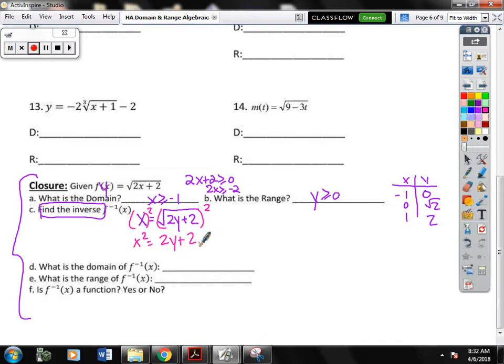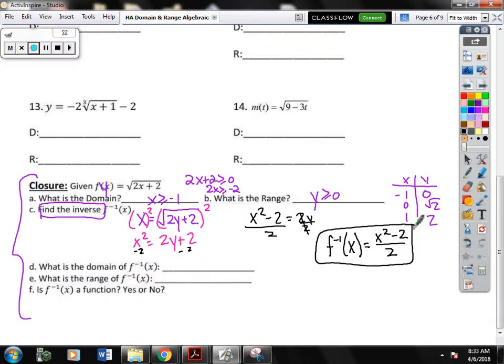And then you guys know how to do it from here. Subtract 2 and divide by 2. And usually we'll change that, since this is f negative 1, the inverse notation, I'll change that back instead of y. So this is one possible answer. Or if you want to split it up, it will be 1/2 x squared minus 1. Same thing.